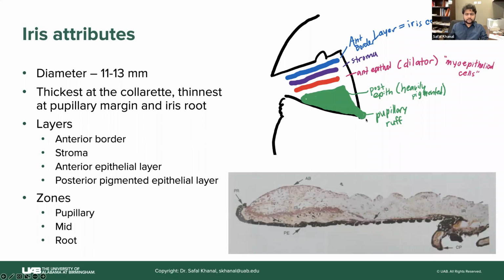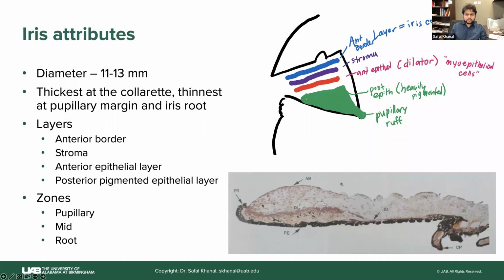And oftentimes you can also see this pigmentation through the pupil, and that is called pupillary ruff at the margin of the pupil. So layers again: anterior border stroma, anterior epithelial layer, and posterior pigmented epithelial layer.